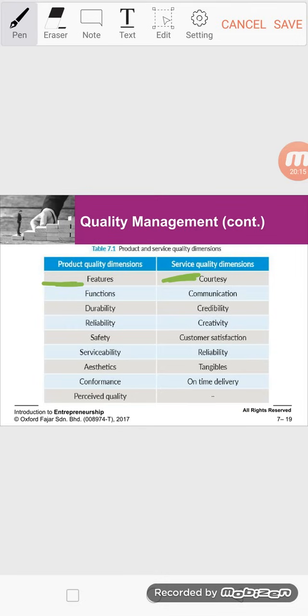Because kita tahulah kan, for entrepreneur ni, it doesn't have to be product only, it doesn't have to be service only, so it can be both. Okay, jadi they give us the guideline on the quality dimension if you venture into product or if you venture into services.